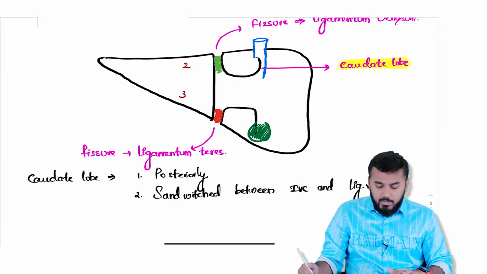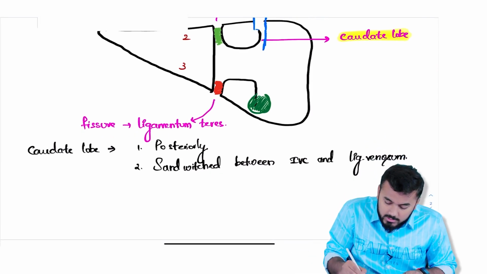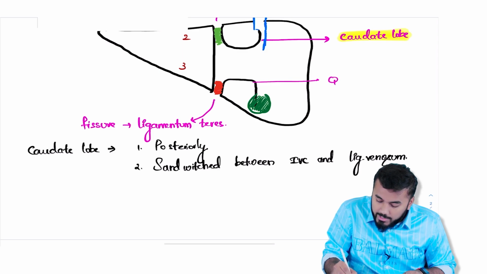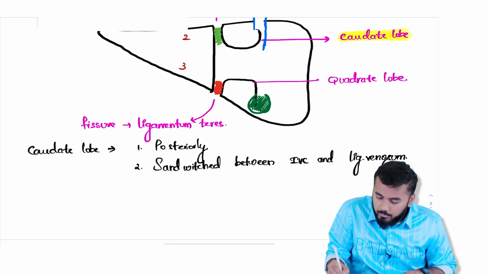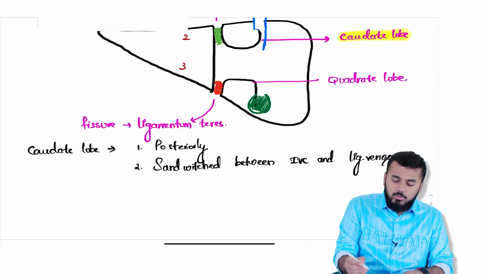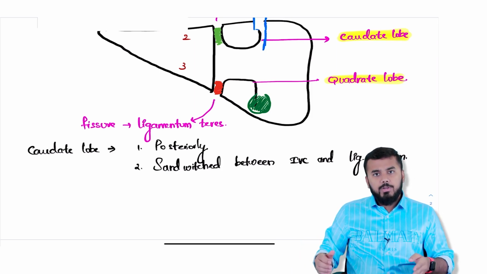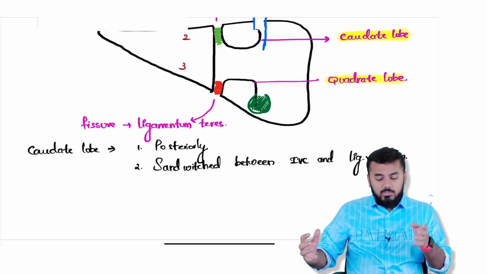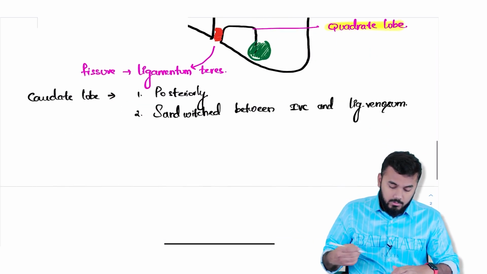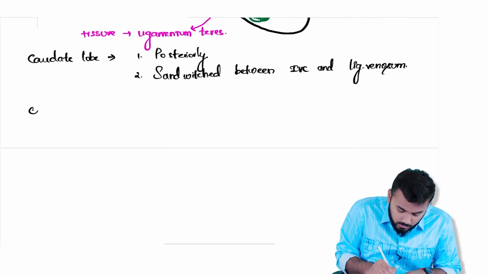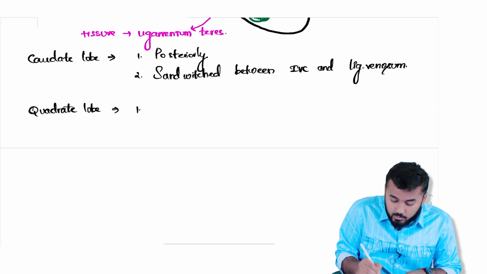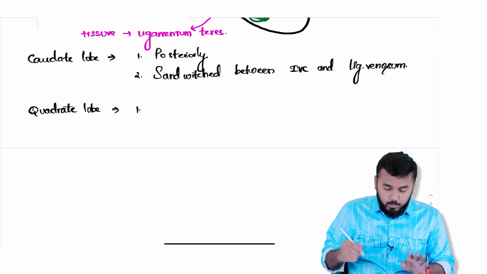Now, in the same way, what is this lobe called? This is called the quadrate lobe, right? If someone asks you, where is this quadrate lobe located? Quadrate lobe is sandwiched between gallbladder as well as ligamentum teres, right?